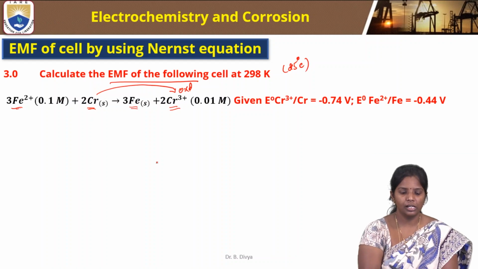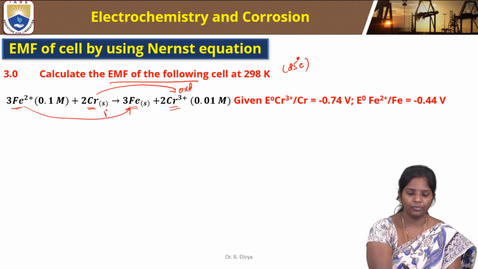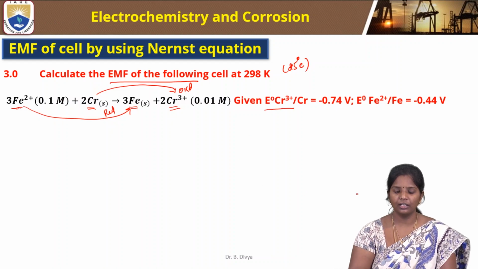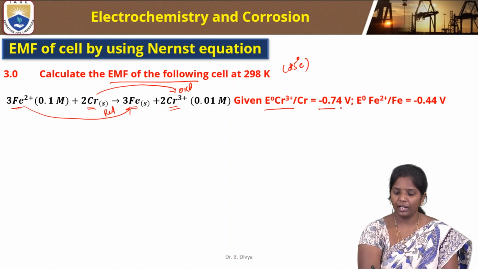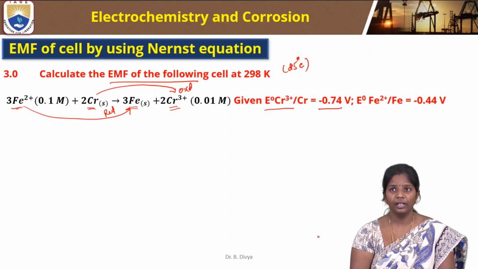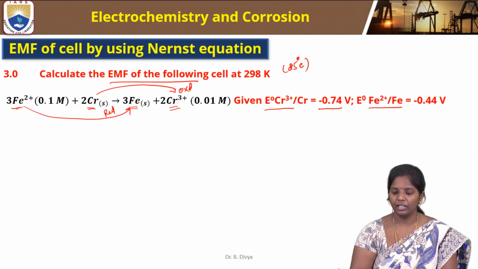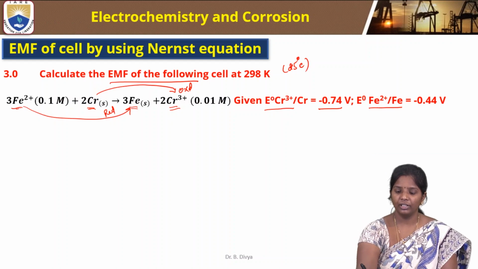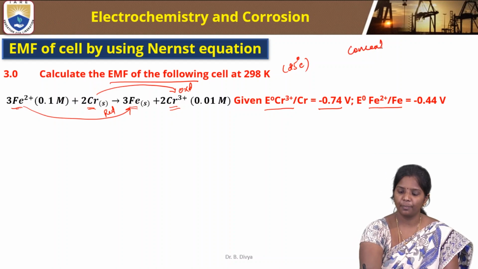Oxidation is taking place here, and reduction is taking place here. They have given E naught of Cr3+ to Cr as minus 0.74 volt and Fe2+ to Fe as minus 0.44 volt. Now we have to observe that they have given concentrations of the solutions.